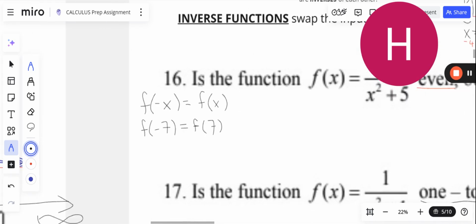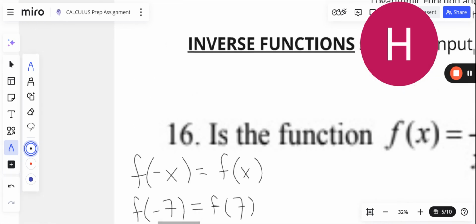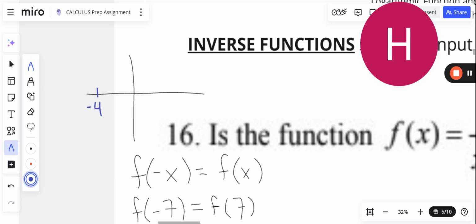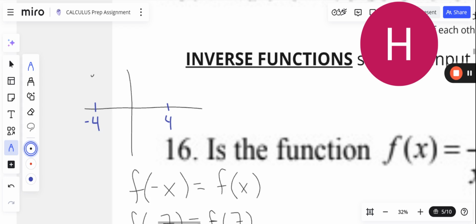And what this looks like on a graph is that the left side is symmetric to the right side. That's because a negative x value out here, let's say this is -4, should have the same y value as +4. Let's say that's right here. And that would be true for all of the x values.